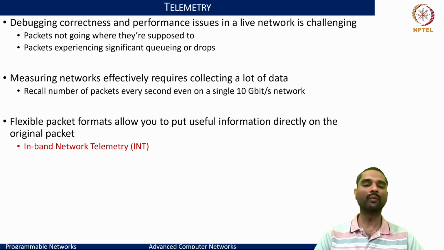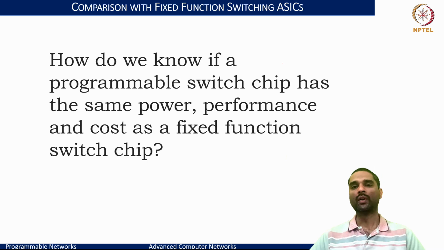All of this can be realized when we have the control over the forwarding plane in full. And that's what P4 tries to achieve. And through INT, we would also be able to achieve fine-grained network telemetry.